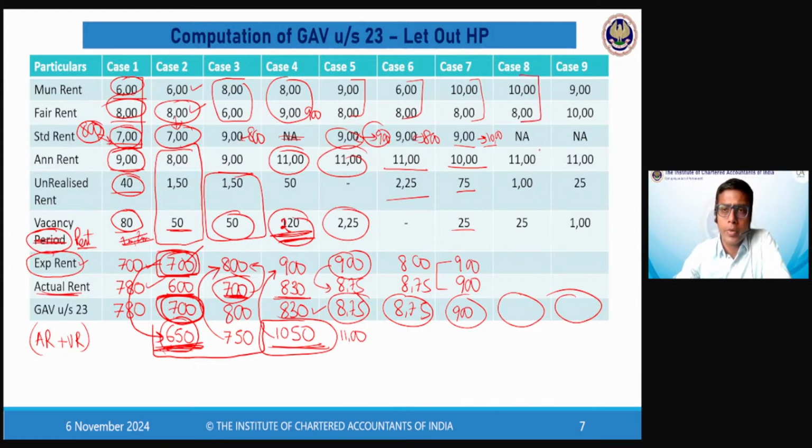Again 1000 compared with 800, whichever is higher is 1000. There is no standard rent, so this is your expected rent. Now 1100 minus 125, 1075, whichever is higher, 1075.